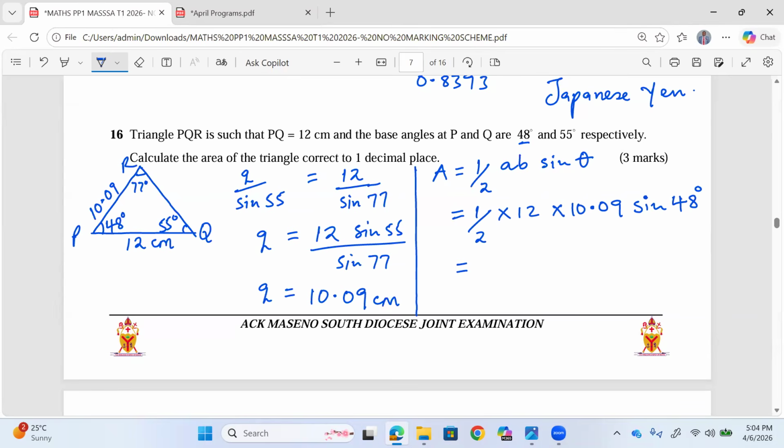Computing this, we have a half times 12 times 10.09 sine 48, which is exactly 44.99.